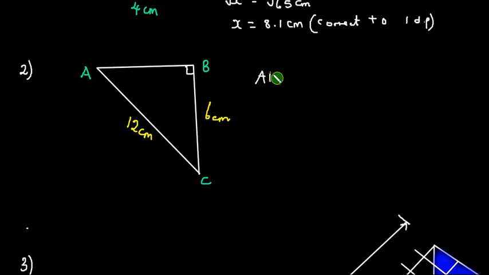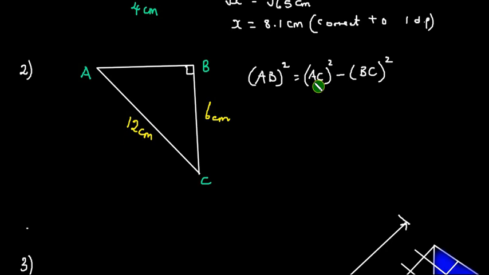So AB squared, what we need to find out, is equal to AC squared. Why AC squared? Because 12 is the larger number here. So AC squared minus BC squared. And then we substitute. It is important for you to start this way, whether you're doing your GCSE or CSEC mathematics, your GED, wherever you are.